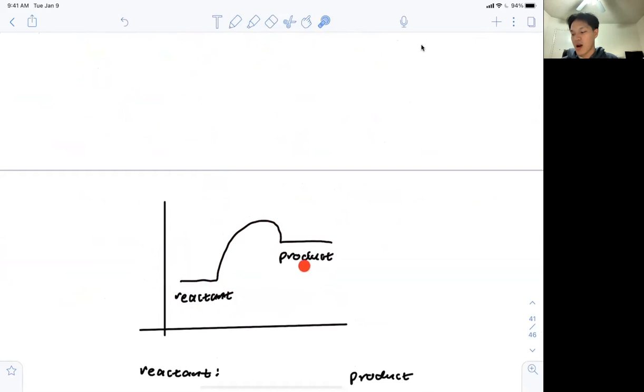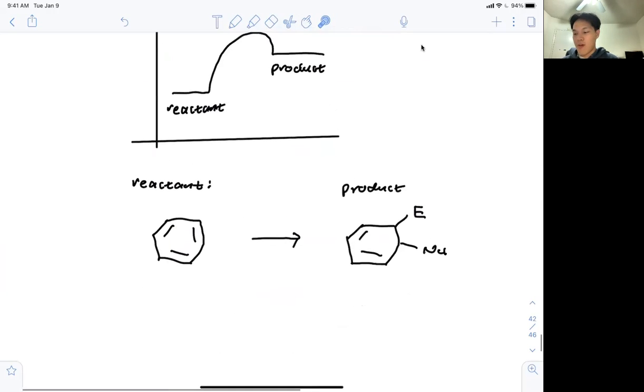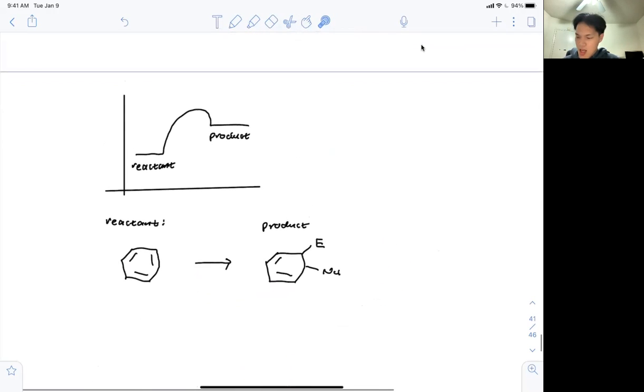So the products are in more energy than the reactants, which means their enthalpy will be positive, which means it's endothermic. It needs heat or energy to be put inside for it to go through. So that's why it's not going to happen. Remember, we went from an aromatic to something that's not aromatic. So because of that, this reaction doesn't happen with a nucleophile.